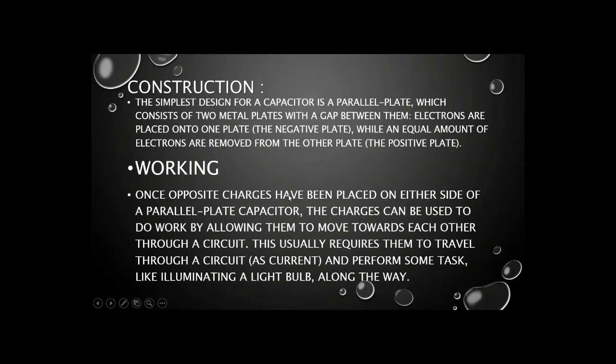Once opposite charge plates have been placed on either side of a parallel plate capacitor, the charges can be used to do work by allowing them to move toward each other through a circuit. This usually requires them to travel through a circuit as a current and perform some tasks. Take a screenshot of this slide and we will move toward the diagram.